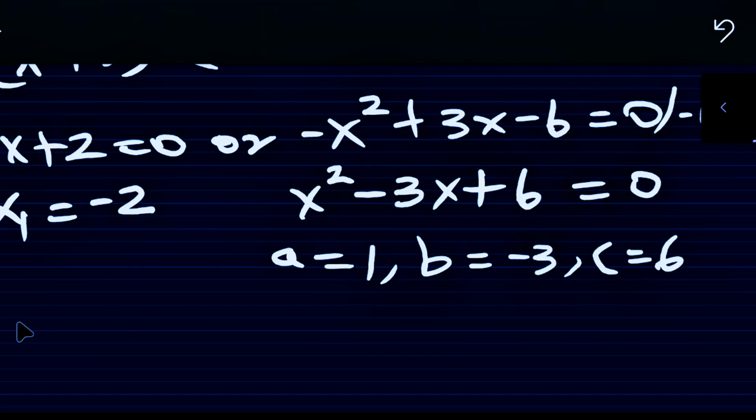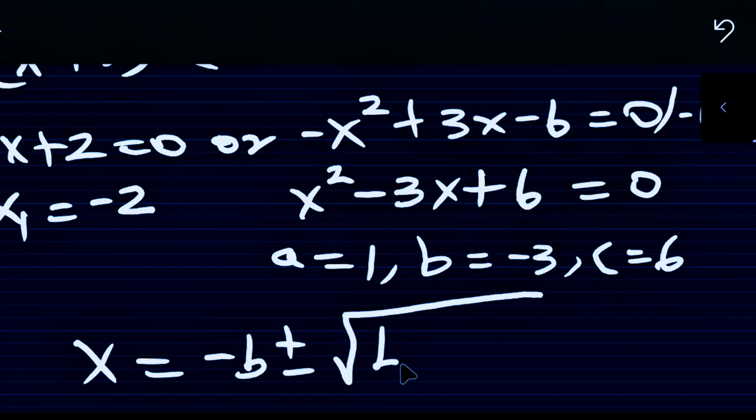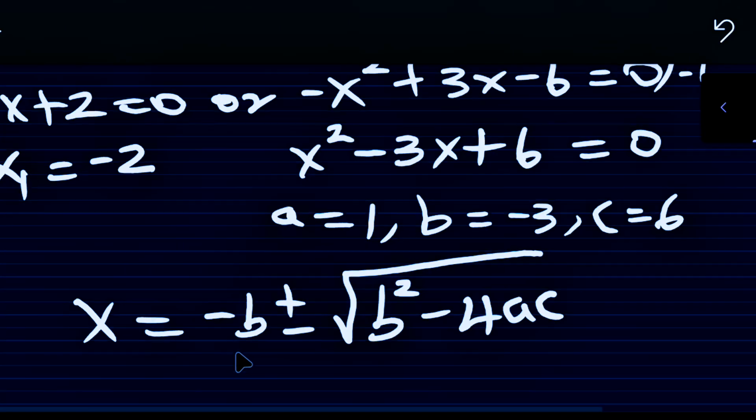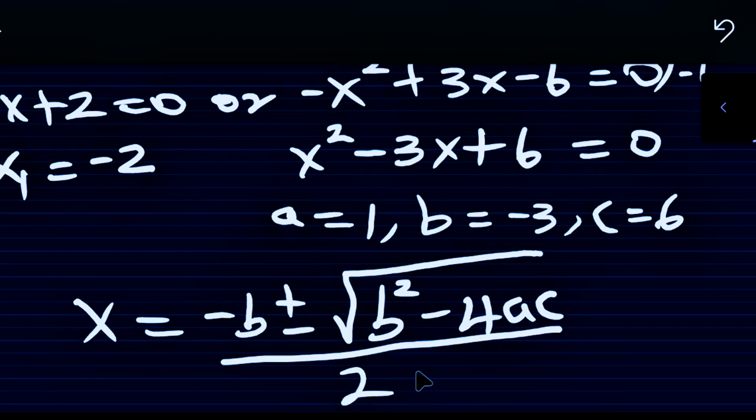So let's bring out the quadratic formula. If we are looking for x, it means x will be equal to minus b plus or minus square root of b squared minus 4ac, and all this will be divided by 2a. Now let's substitute these parameters that we have here.